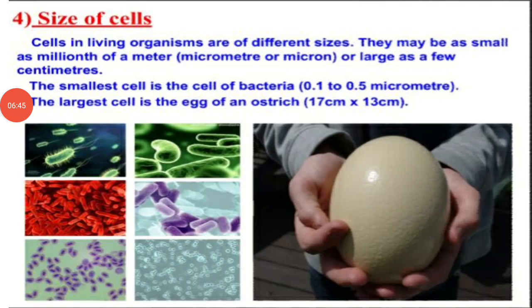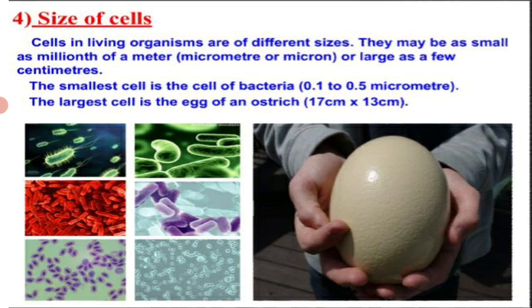Then next, now we discuss the size of cells. Cells in living organisms are of different sizes. They may be as small as a millionth of a meter, which we call a micrometer or micron, or as large as a few centimeters.